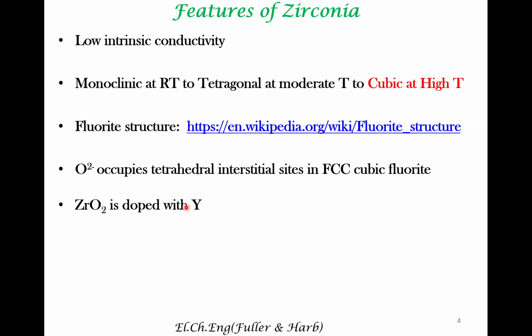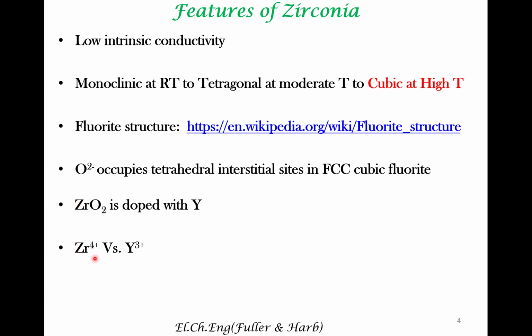Therefore, a perfect silicon is not useful in terms of semiconductor science and technology. However, because we can modulate silicon conductivity by doping, doped silicon becomes useful in semiconductor science and technology. Likewise, even though zirconia has low intrinsic conductivity, therefore appearing uninteresting, its conductivity can be modulated by yttria, making yttria stabilized zirconia quite an interesting material for ceramic based applications, especially in the case of solid oxide fuel cell.